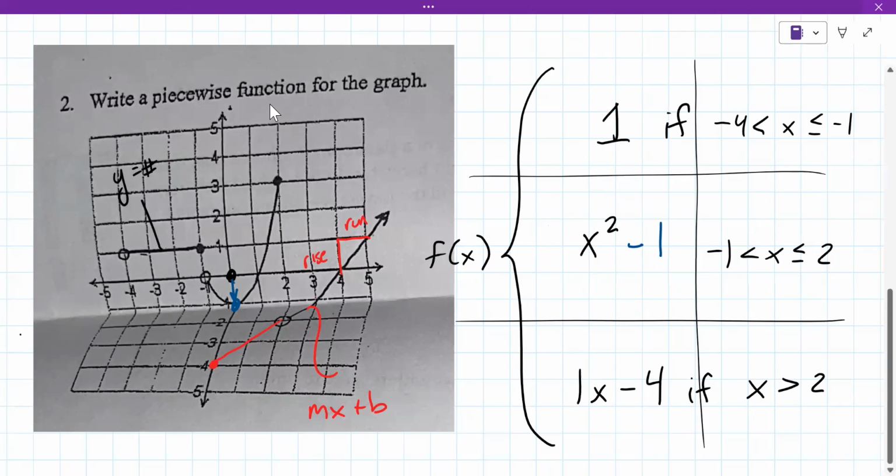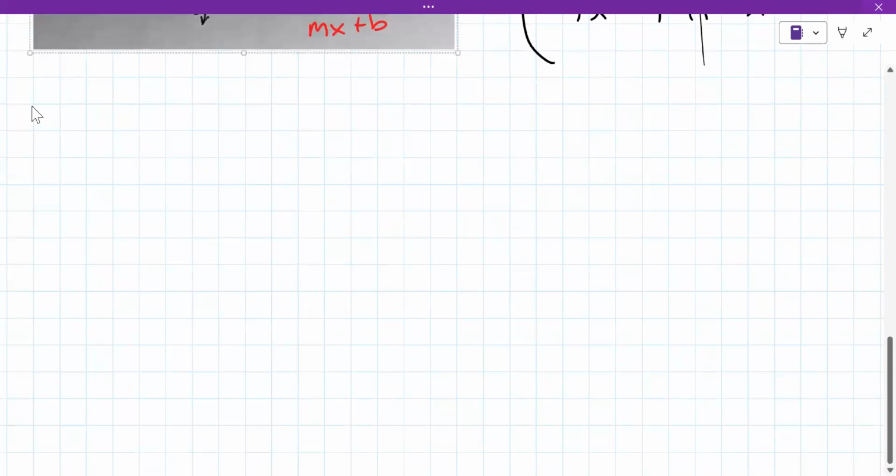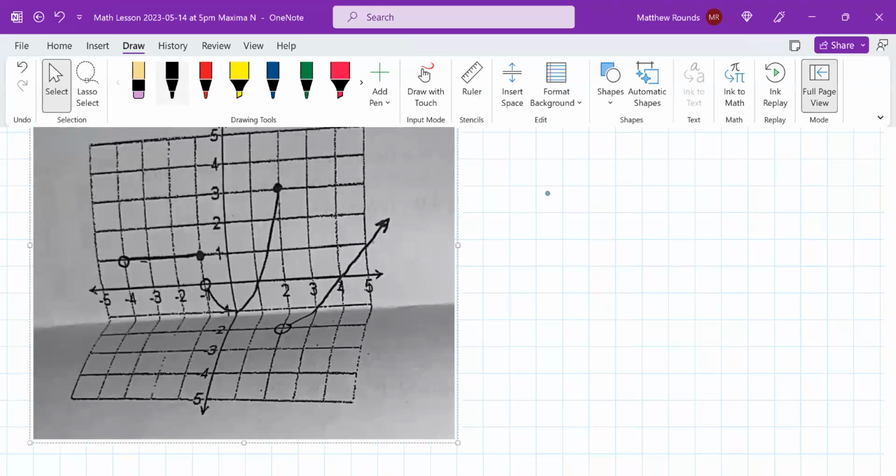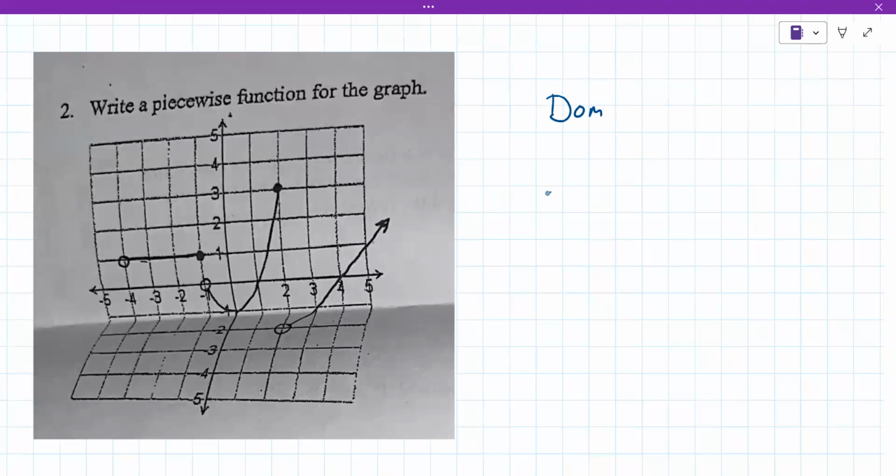Okay, we can now also do the domain and range. I'm going to just reset the problem here with those things. So the domain really comes from the graph, but after you have the piecewise function, you can kind of use that. It's up to you, but you see it starts here at -4.